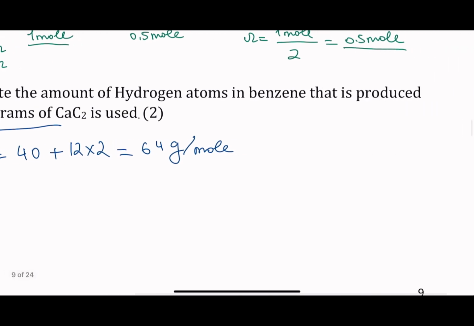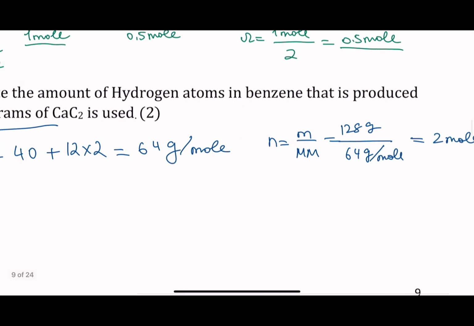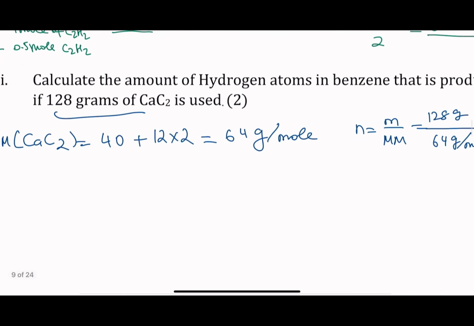And then we know that n would be m over MM. We're given that it is 128 grams divided by 64 gram per mole, and this would give us 2 moles.